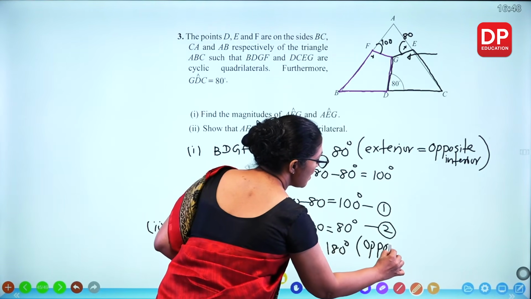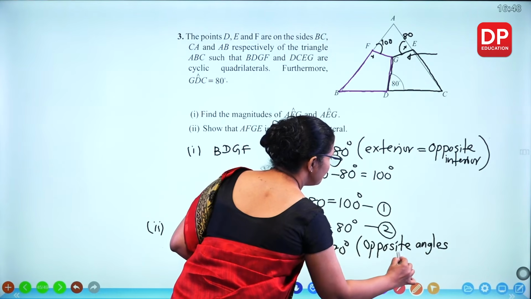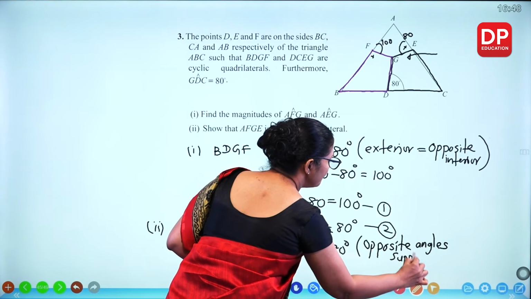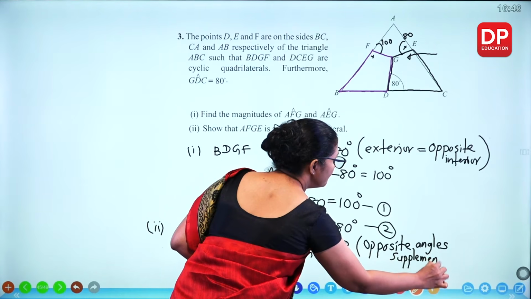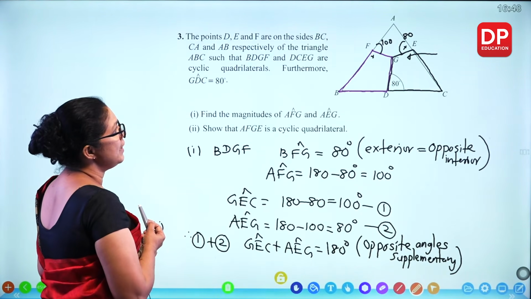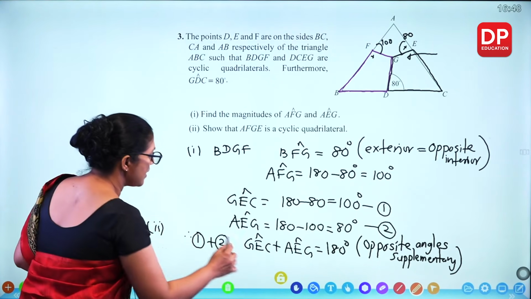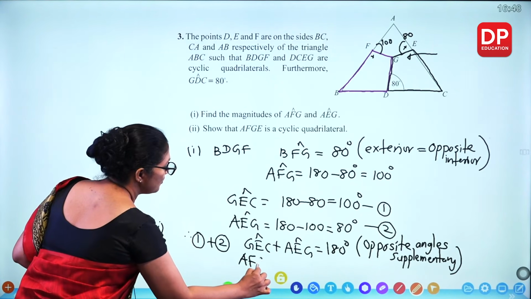Opposite angles are supplementary. That means AFGE is a cyclic quadrilateral.